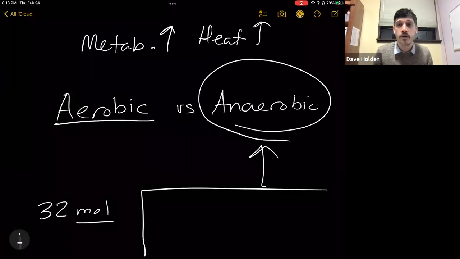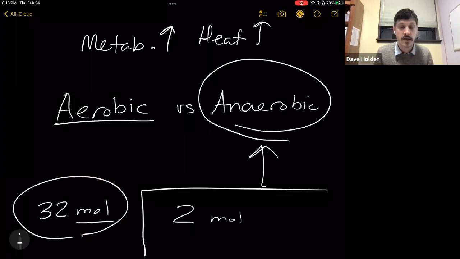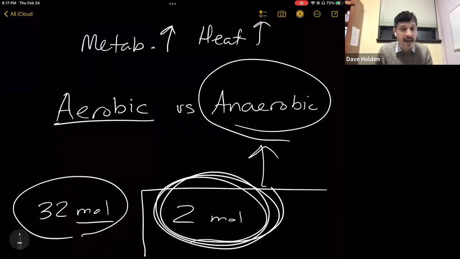When you go through anaerobic respiration, we only produce 2 moles versus 32 moles. That is why we cannot exercise forever, because eventually you will run into an oxygen debt. You are consuming more energy than you can create. That's why you can't work out forever.